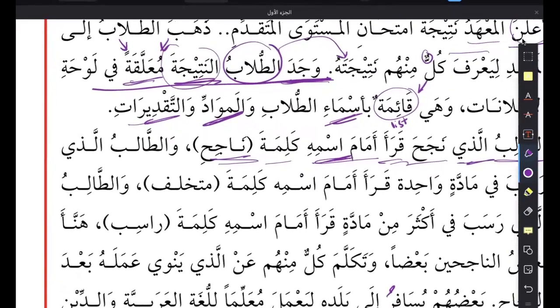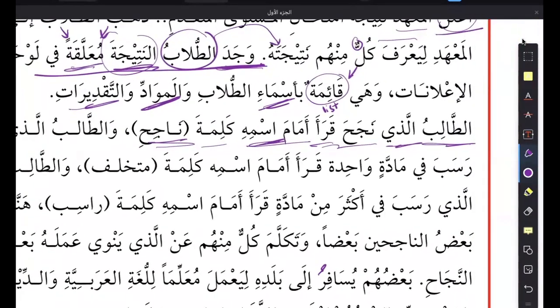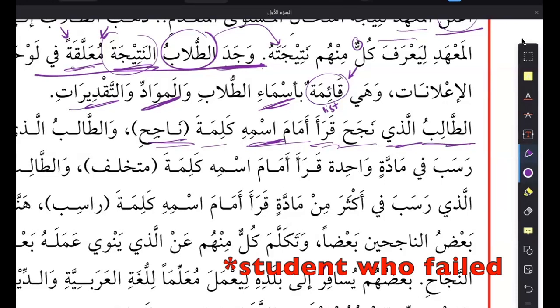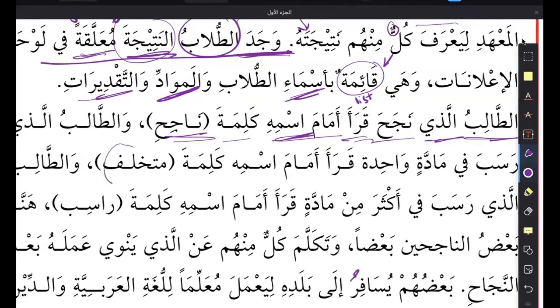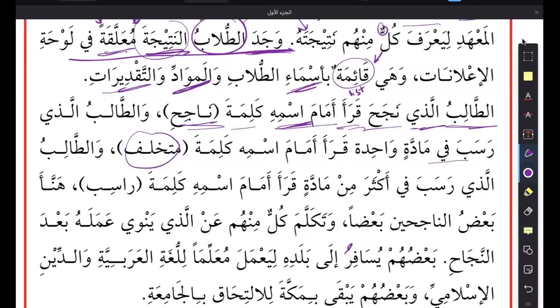And then it continues والطالب الذي رسب في مادة واحدة, the student who failed one course, يقرأ أمام اسمه كلمة متخلف. So now we know what متخلف actually refers to. If you failed one class, then you read in front of his name the word متخلف.